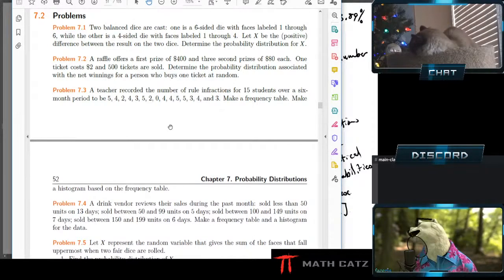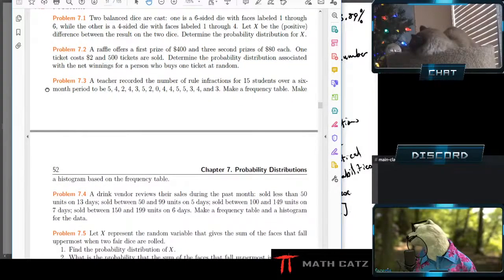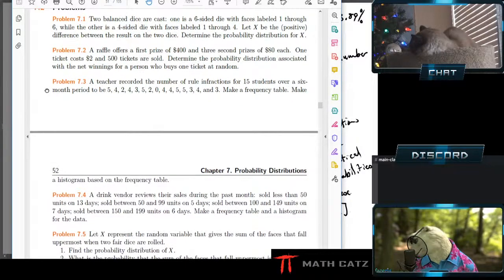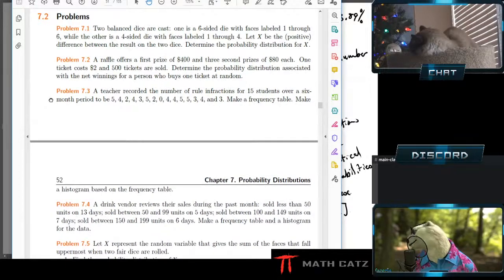So problems you can do right now if you want to: 7.1, 7.2. That's pretty much it. Theoretical probability distributions, actual expected value, some game of chance, some raffle questions. Those are good questions. I like them.